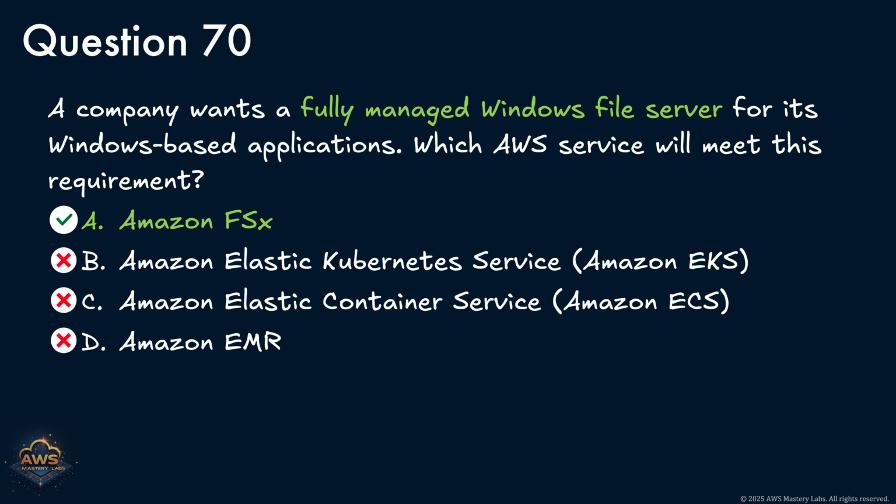It is purpose-built for use cases like this: Windows-based applications needing a shared, persistent file system without administrative overhead. Correct, because Amazon FSx, specifically Amazon FSx for Windows File Server, is the only service designed to provide a fully managed Windows file system for Windows-based applications.